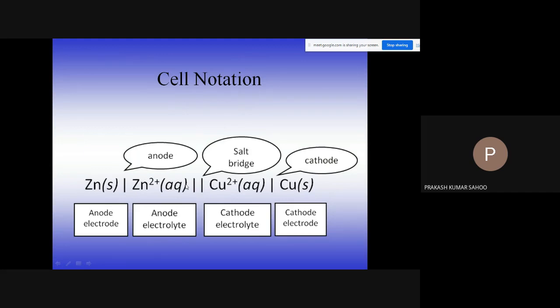So this is the way we should write a cell: the oxidation from lower oxidation state to higher oxidation state, followed by the reduction from higher oxidation state to lower oxidation state, with these two separated by a salt bridge. Here, this is the anode electrode, this is the anode electrolyte, and on the cathode side the electrolyte is first, followed by the electrode.